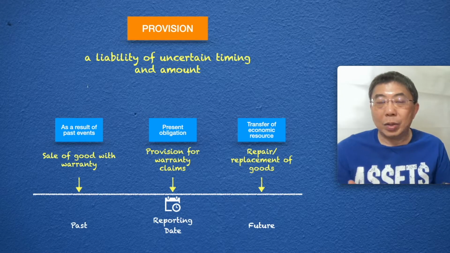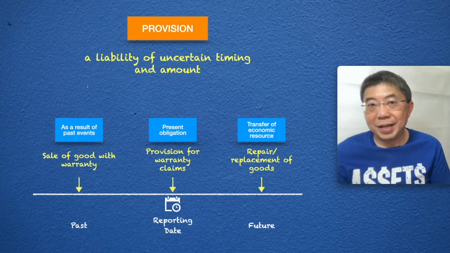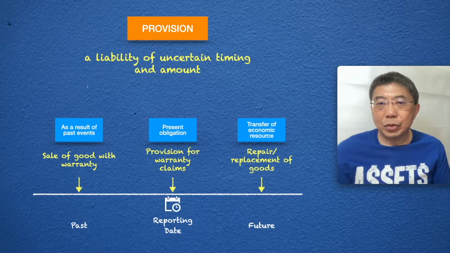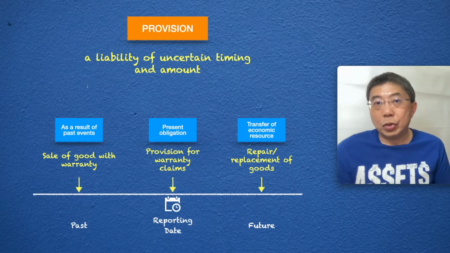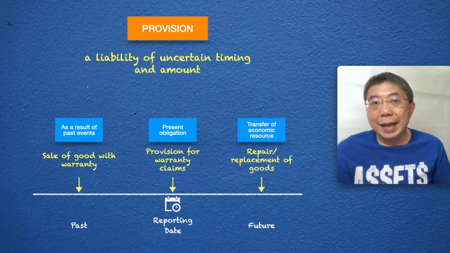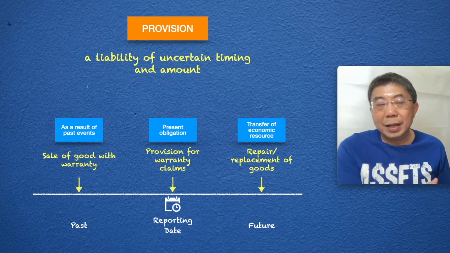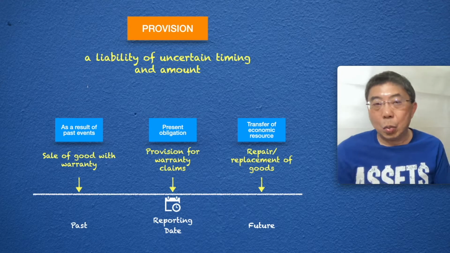So the business will have to bear these costs of repairs and replacement. As a result, the business would have to record what is known as a provision because there is a present obligation as a result of a past event, in this case, a sale which comes with the warranty.